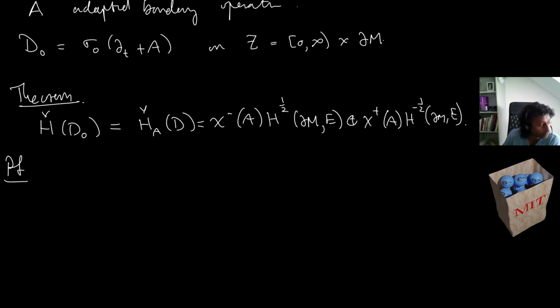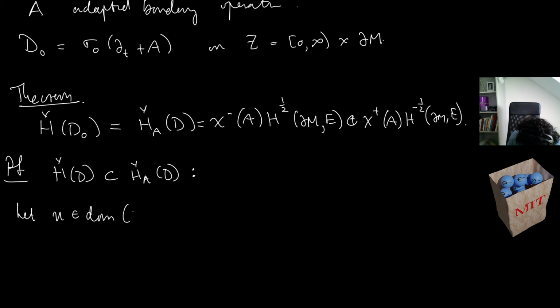Okay, so what's the proof? The first thing we want to prove is that H check of D is contained in H check A of D. So let's take U in DOM D naught max.